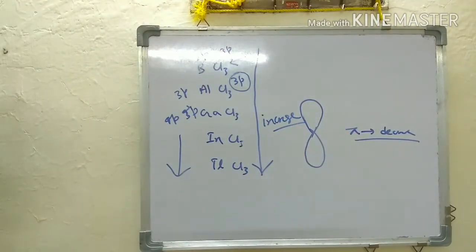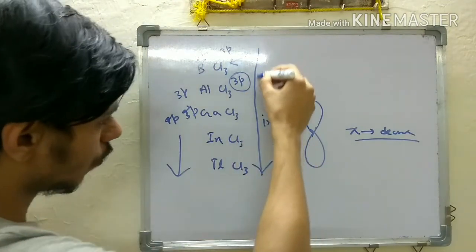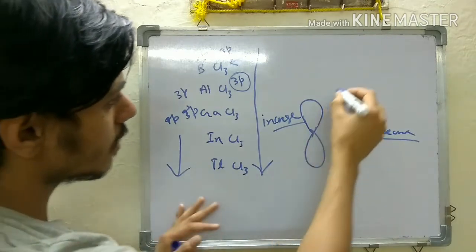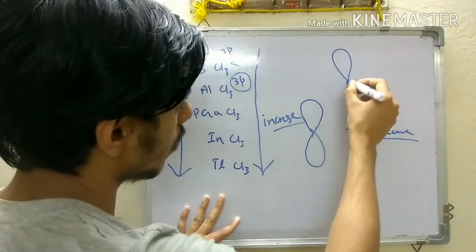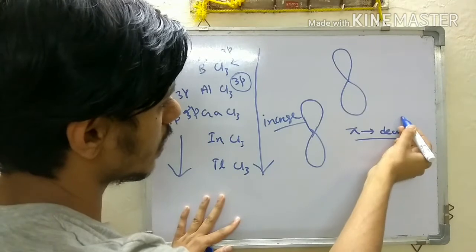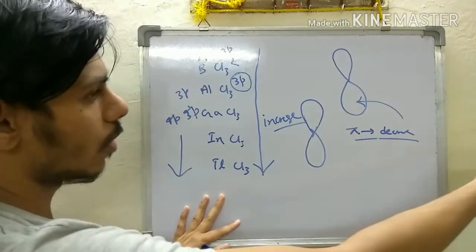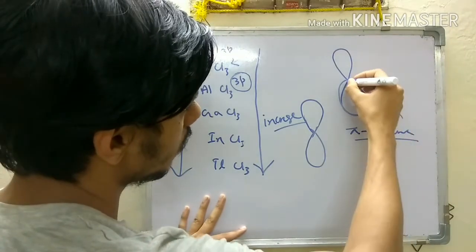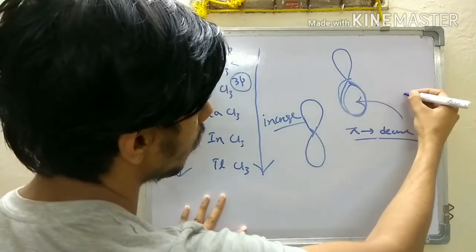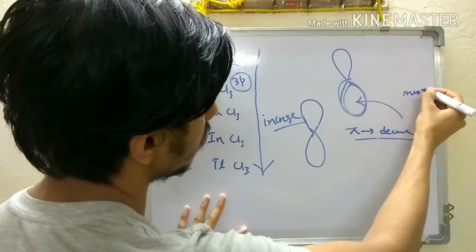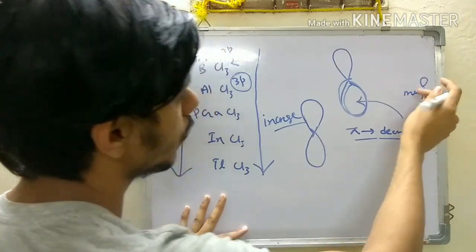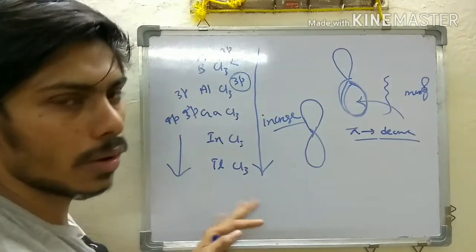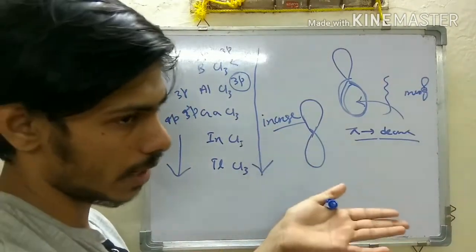Now it is not a continuous increase, because as the size of the p orbital which is accepting the electrons from the base increases, the matching between this orbital and the base's HOMO, let's say methoxide, will also be mismatched, and that's why acidity will not increase up to that.